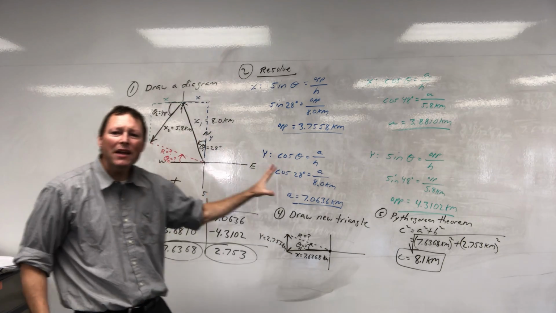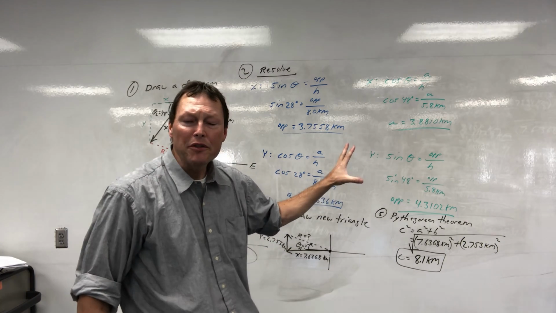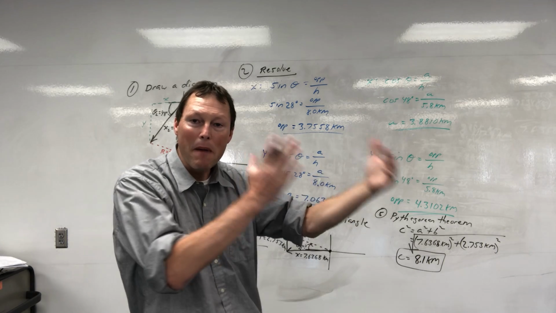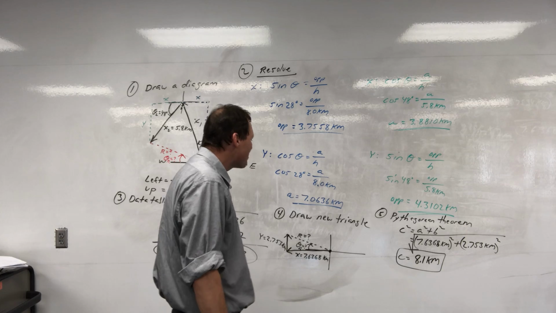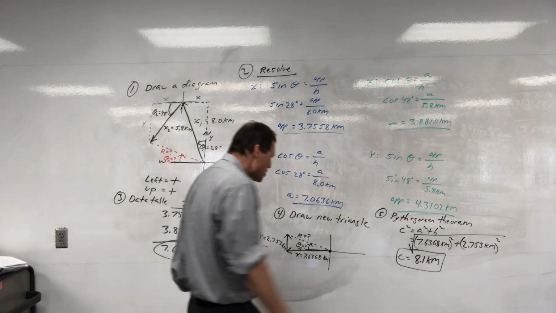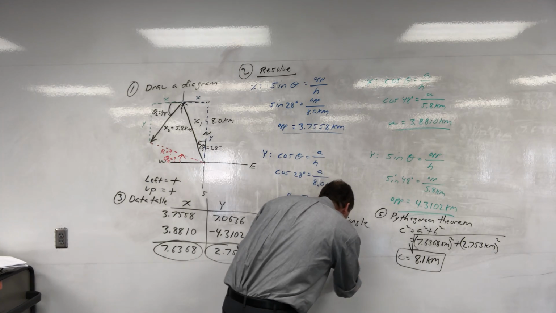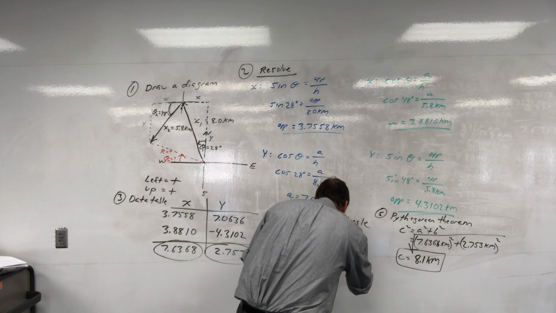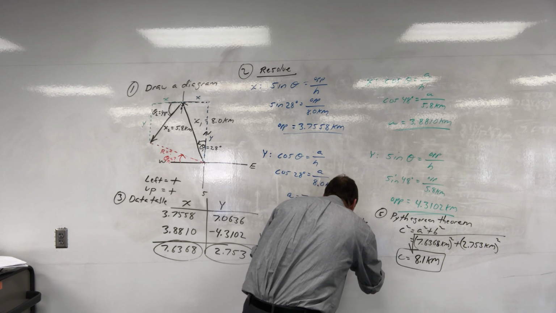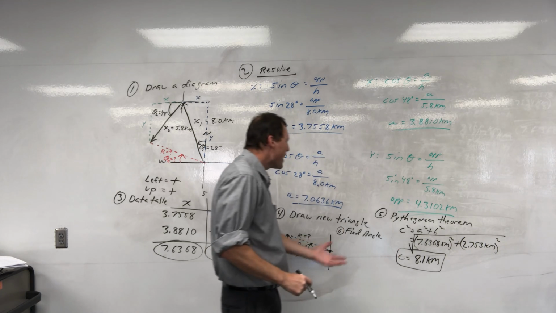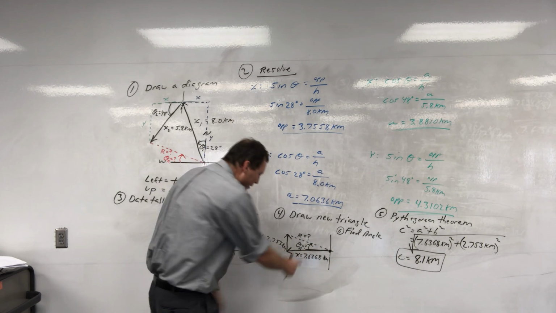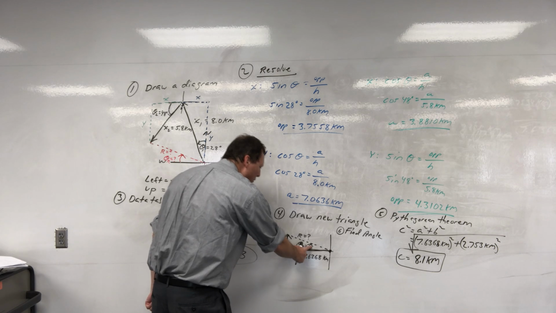Now that's the magnitude. I've got to figure out the direction because every vector has a magnitude and a direction. So let me go ahead and do that. That's going to be step 6. So step 6, I'm going to squeeze it in here, and this is find angle. So in order to find the angle, that's it right there. That's what I'm looking for, the angle.